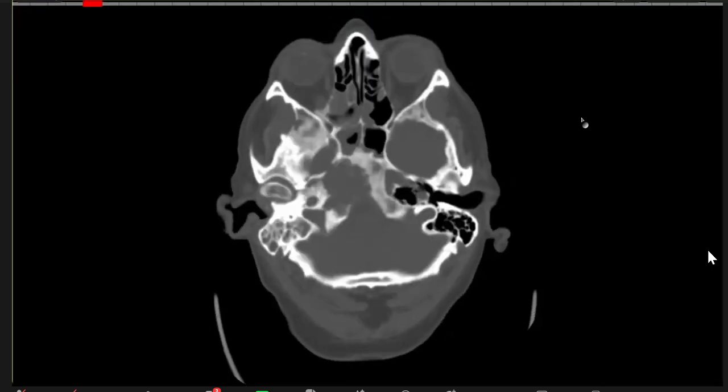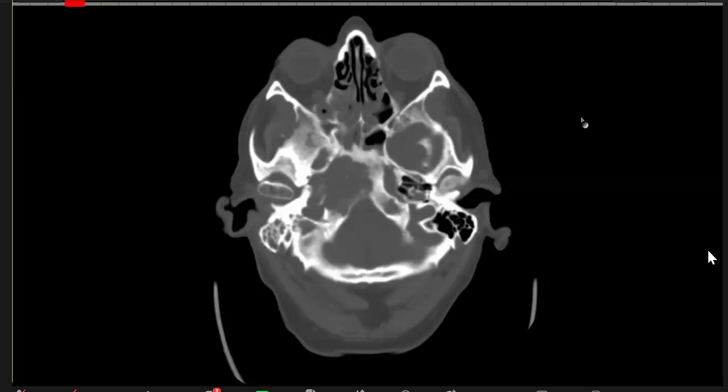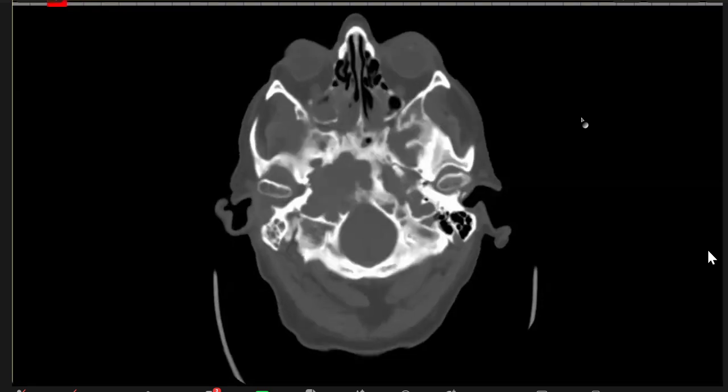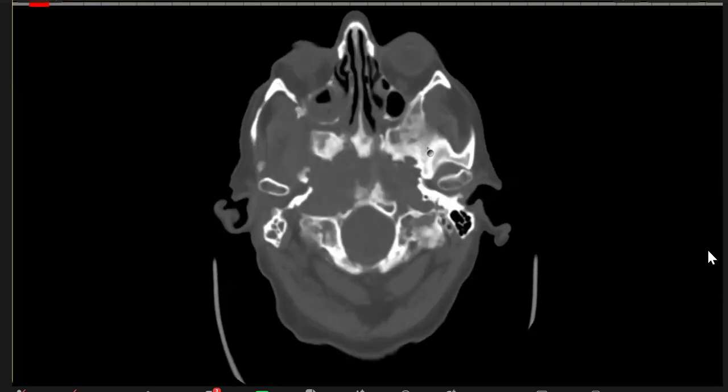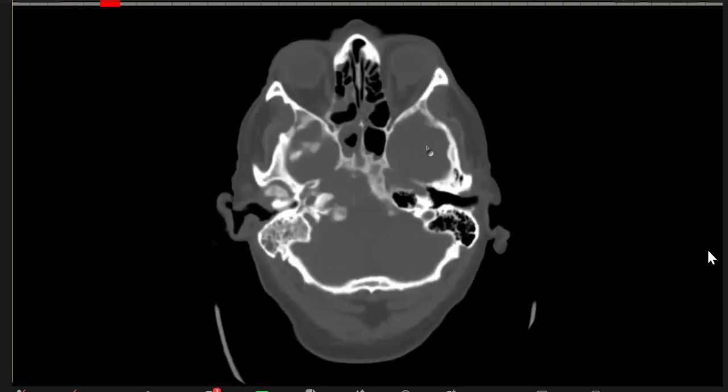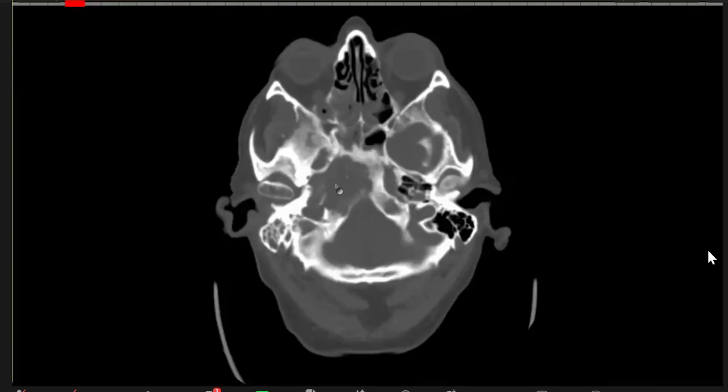Okay, so there is again extensive erosion. Show me the epicenter. What do you think is the epicenter of the lesion? It's the right side of the sphenoid, basiocciput, sorry, the clivus. Where is it extending?